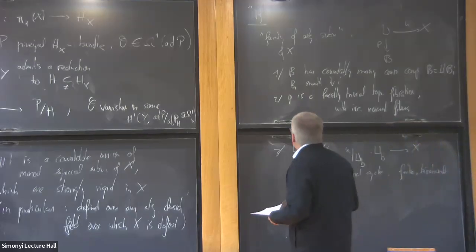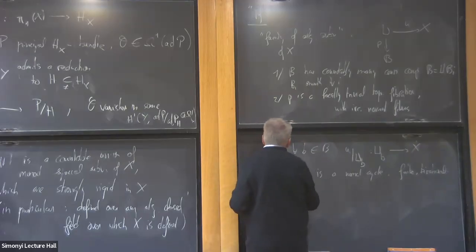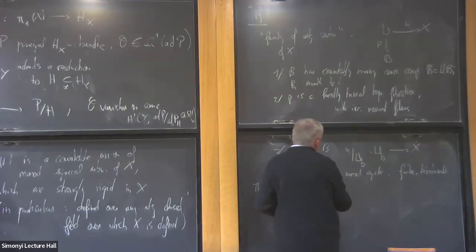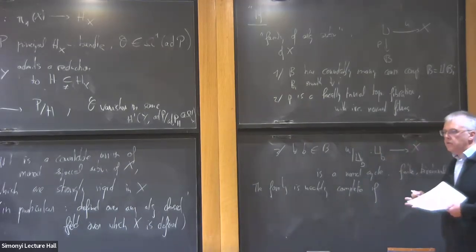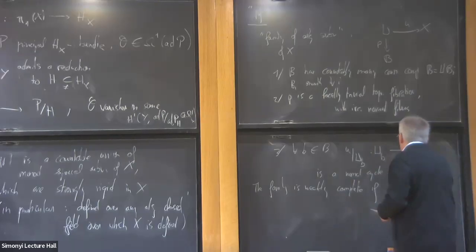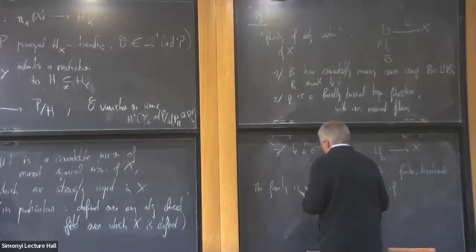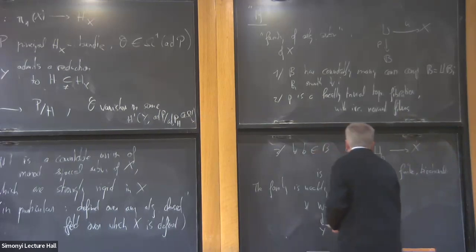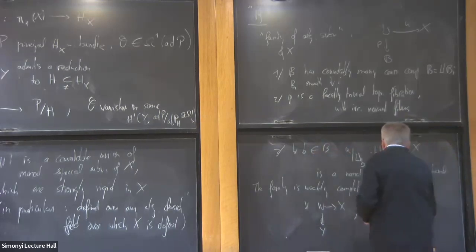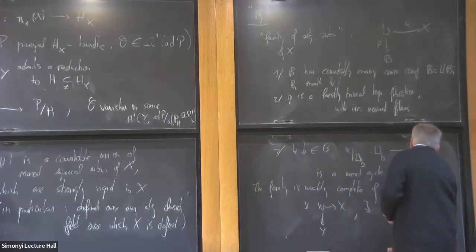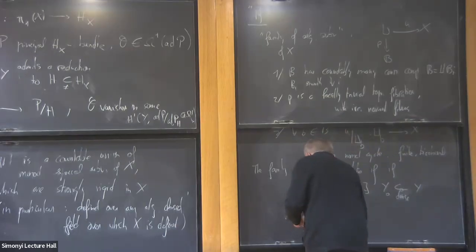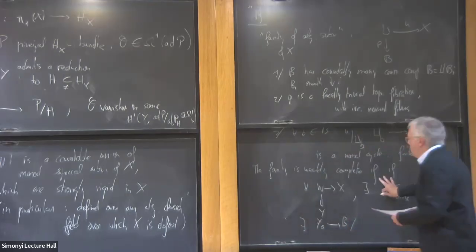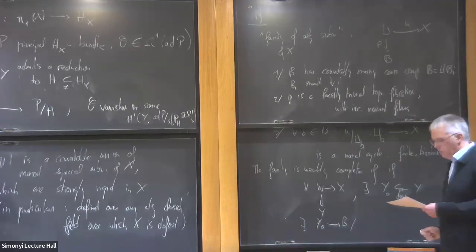So an important notion is, I would say, that the family is weakly complete. If this family in some sense is kind of universal in the following sense: each time I have such another family, then there exists a big open set, Zariski open dense in Y, such that in restriction to Y0, there exists a unique mapping from Y0 to B, such that the family on Y0 is pulled back from my weakly complete family.